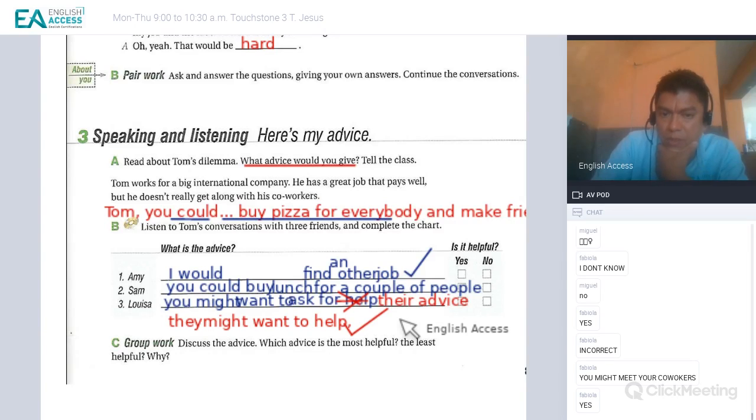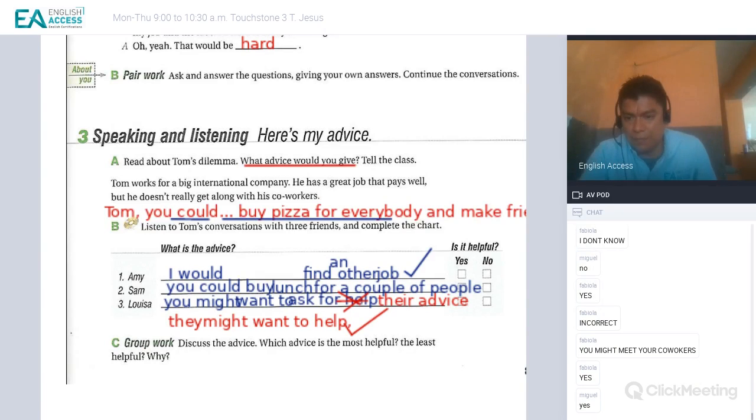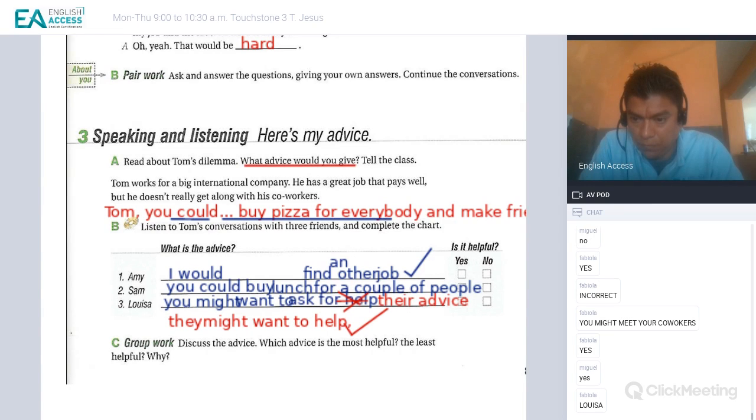Now, in your opinions, which is the best advice? Miguel, which one is the best advice? Luisa, number 3? Okay. It's okay, Miguel.